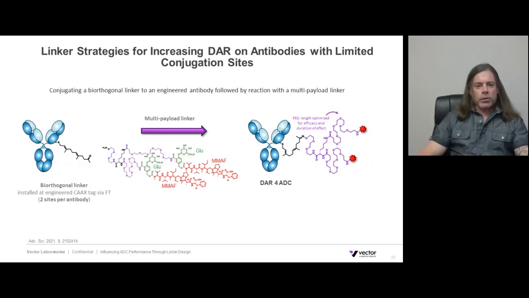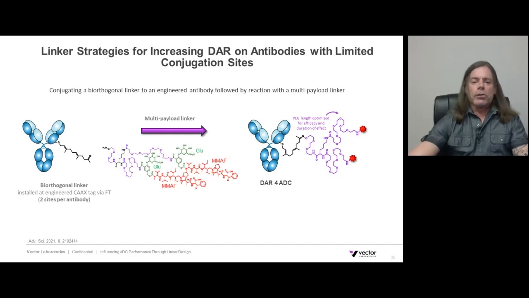This is an alternative approach. This is Lego Chem Bio that did this. Here what they did is they took a linker and installed it at an engineered tag at the C terminus of the antibody via farnesyltransferase. So now, even though there's still only 2 reactive groups per antibody, they're reactive and bioorthogonal carbonyl groups.